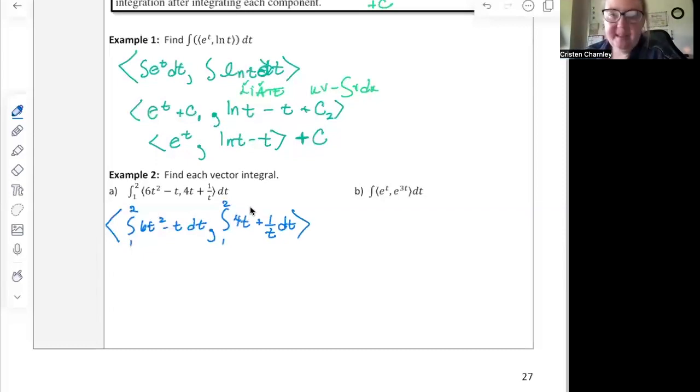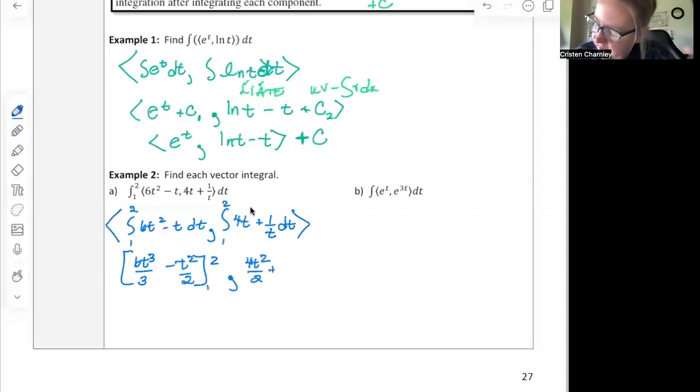it will look a little bit like this. So if I find the antiderivative of the first piece, I have 6t cubed over 3 minus t squared over 2. This is evaluated between 1 and 2. Then I have 4t squared over 2 plus natural log of t, also between 1 and 2. So what do we have?